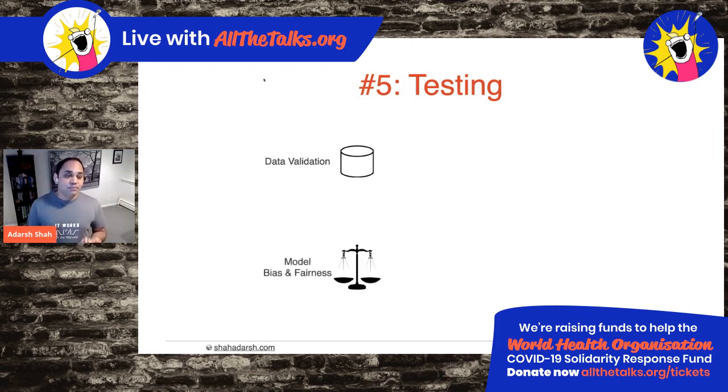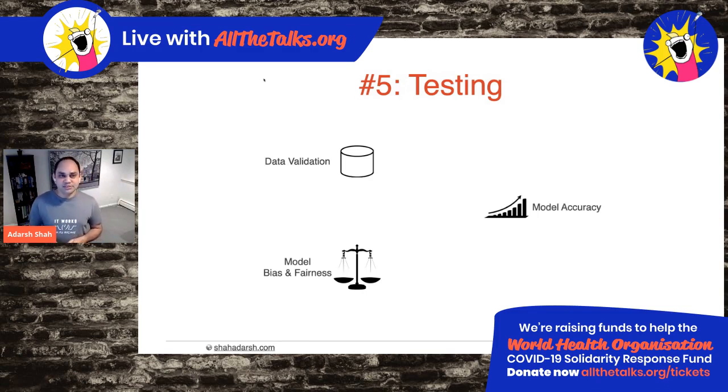Model bias and fairness: having these kinds of tests and making sure that your model is fair and without bias for race, gender, age, income groups, and those things. It is very important to make sure that you're not discriminating against a certain group.